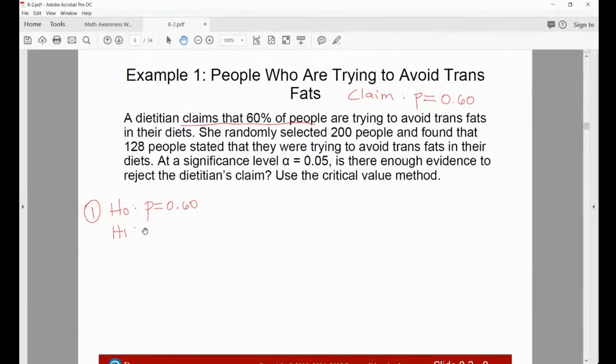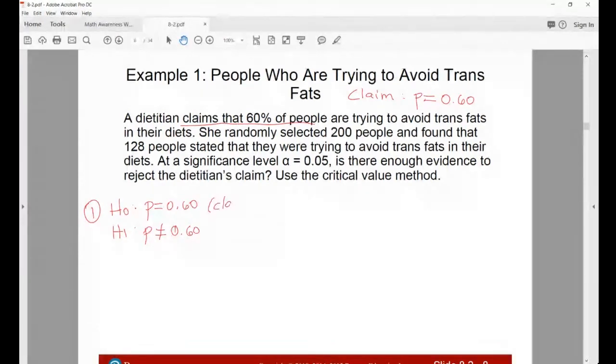So what would be the alternative? When the claim is that P is equal to 0.60, then the alternative is that P is not equal to 0.60. Because the opposite of being equal is not equal. So that would be like the alternative in this example.